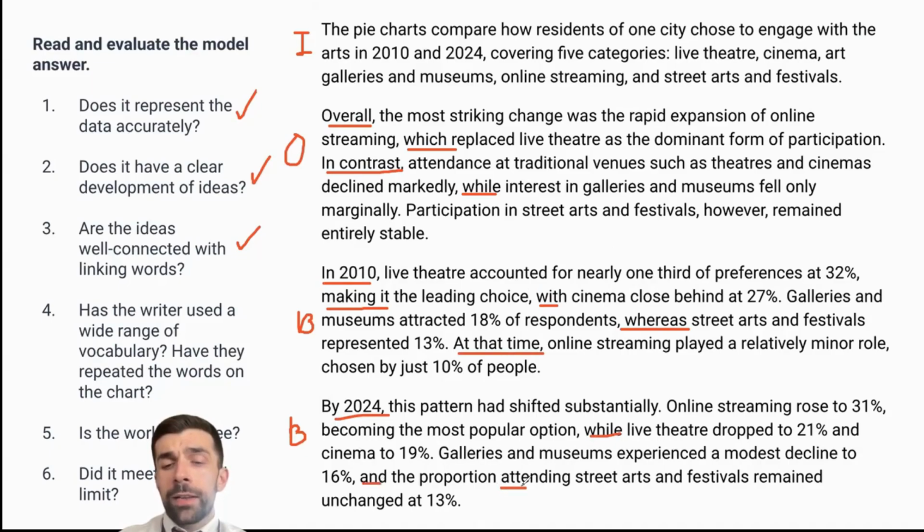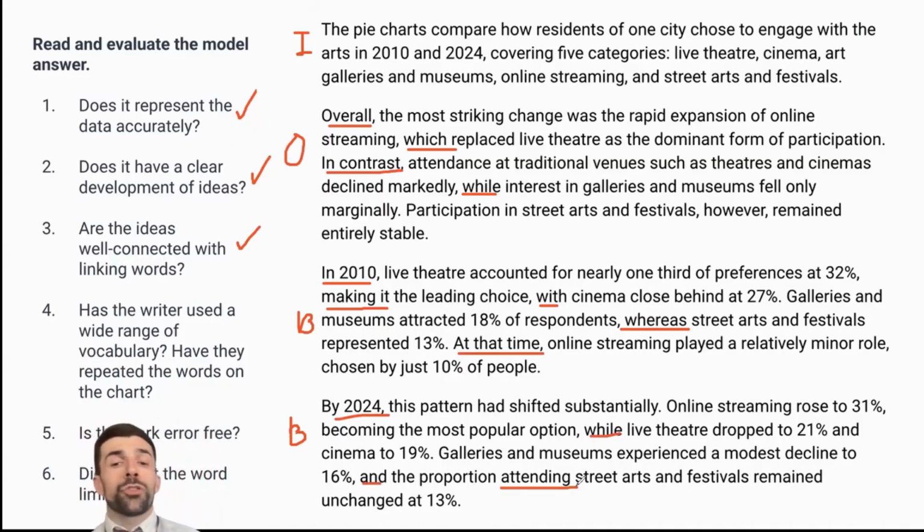But we also have a very nice shortened relative clause, instead of "proportion who attended", "proportion attending". So yes, we've got very well-connected ideas along with a good range of grammar and also vocabulary, as there are very few words that are repeated.